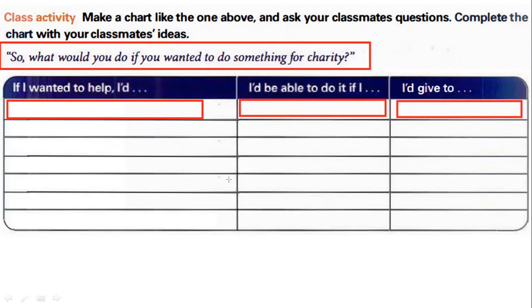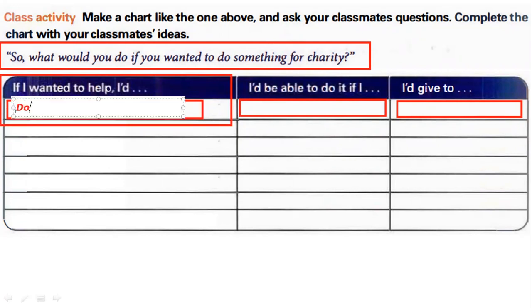Can we have one example, please, before we finish the session? Just one example. Okay. You want to donate some food? Well, the first one is, if I wanted to help, I'd what? I'd donate some food. Food? Mm-hmm. Okay.